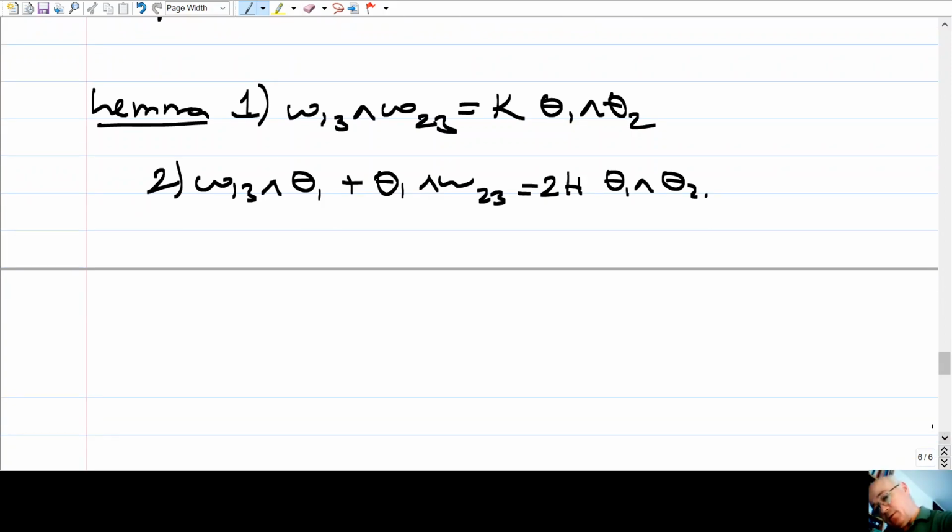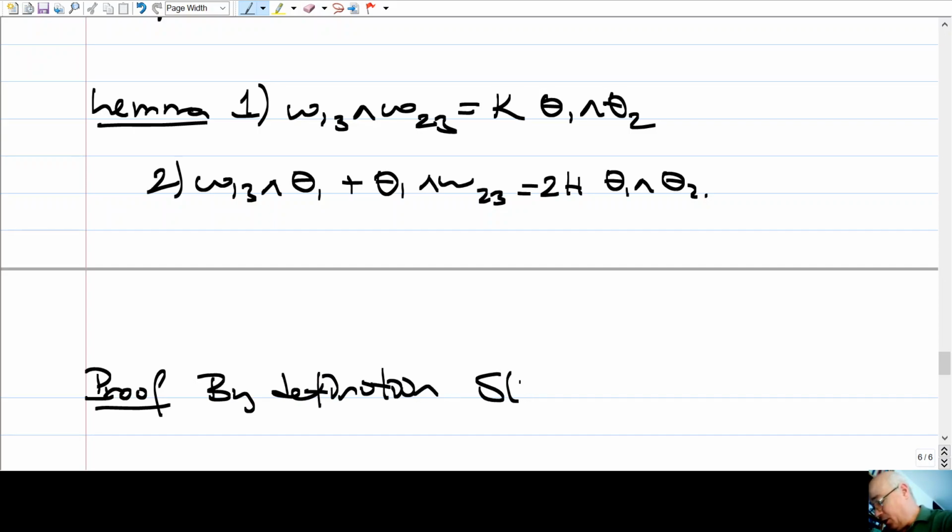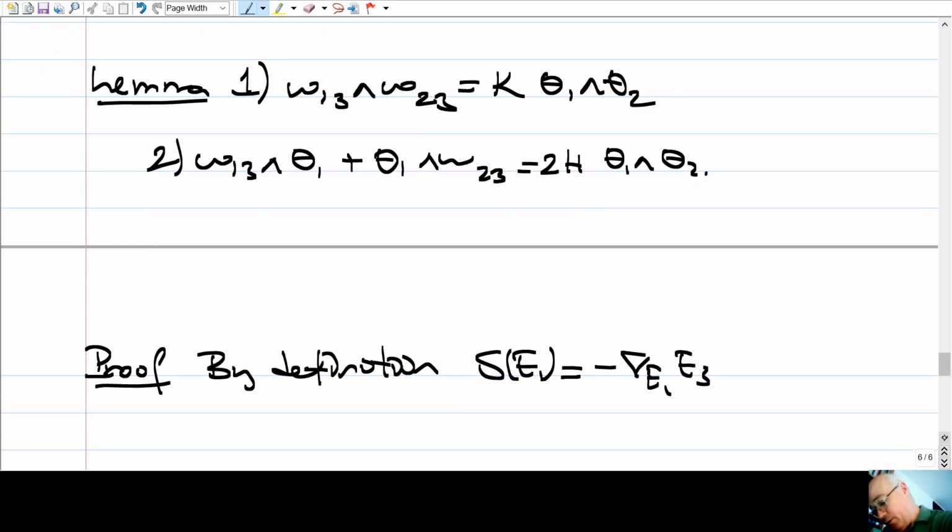Let's see. Proof. Well, by definition of the shape operator, S of E1 is just minus the covariant derivative of E3 along E1.